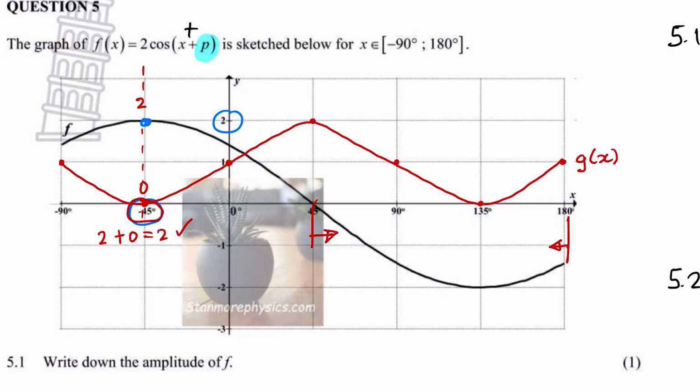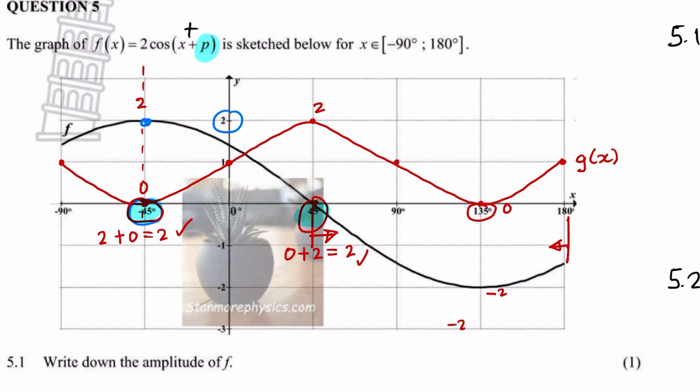If we take a look at this point, g of x is 2, f of x is 0, so 0 plus 2 is equal to 2, so that also works. So this is also another option. Now let's take a look at this one, 135. This is equal to 0, this is equal to negative 2.